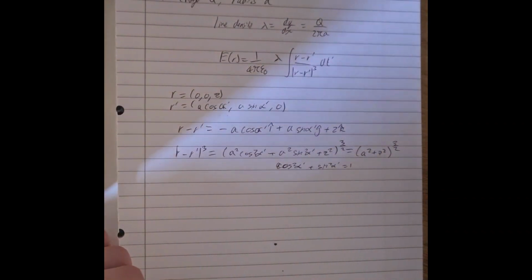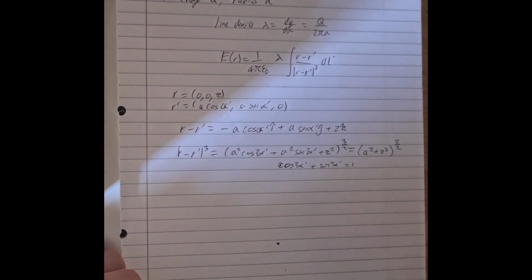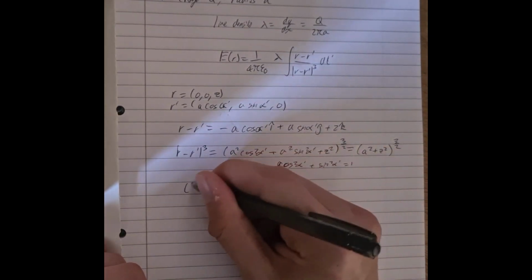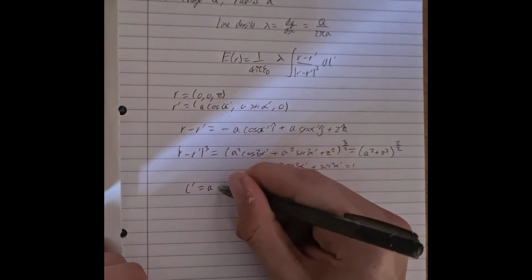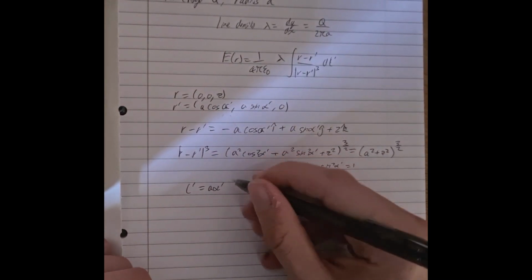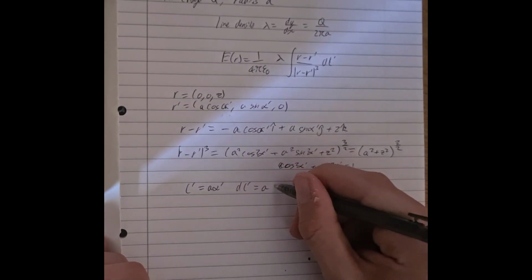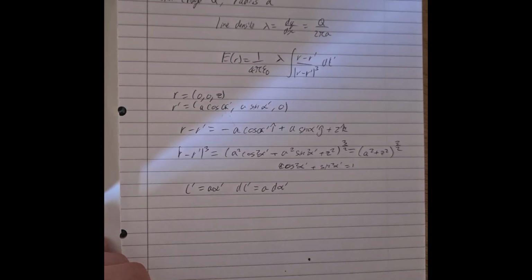Apologies. If we take an infinitesimally small element of the circle, the arc length is l prime equals a alpha prime, and so dl prime equals a d alpha prime.